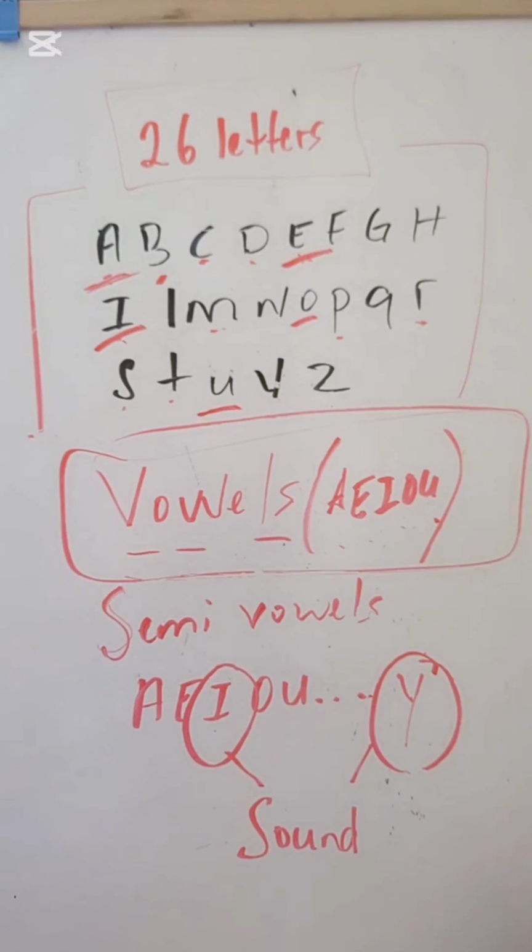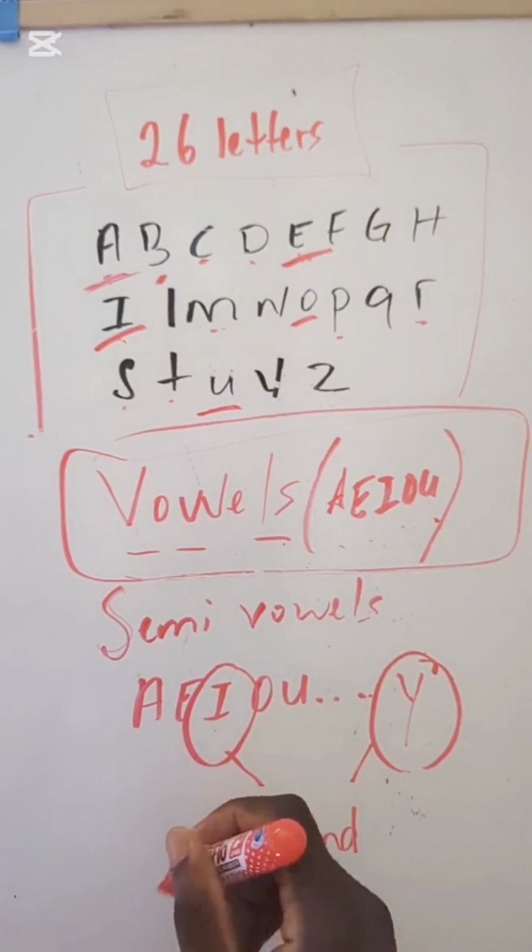And that is what makes Y closely related to a vowel and why it is a semi-vowel. It is the way it is articulated. It sounds very close to how a vowel is pronounced.